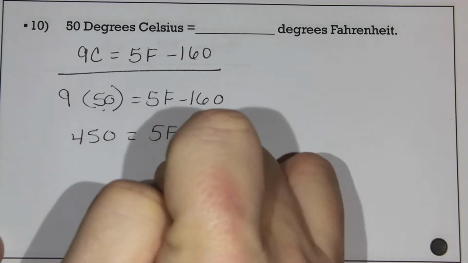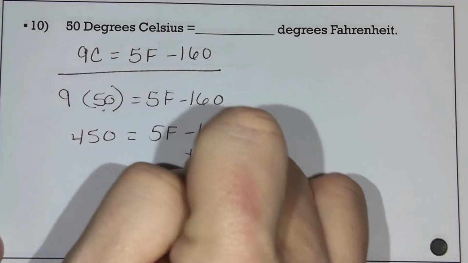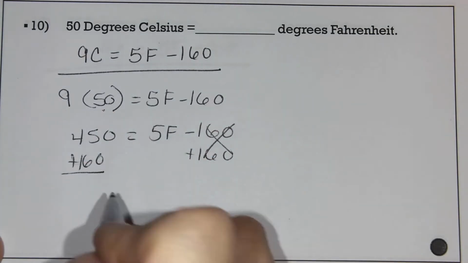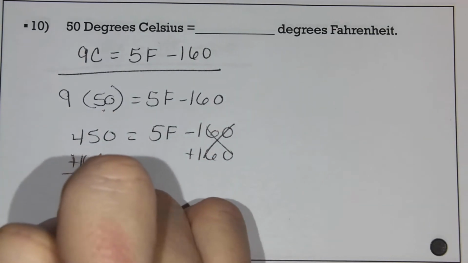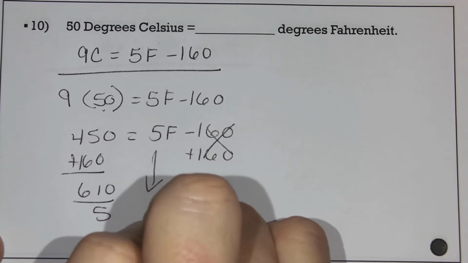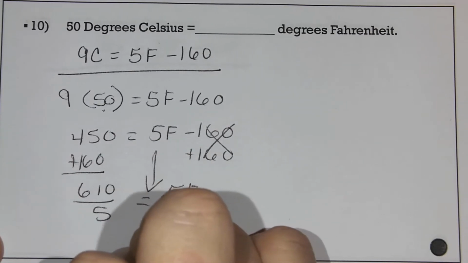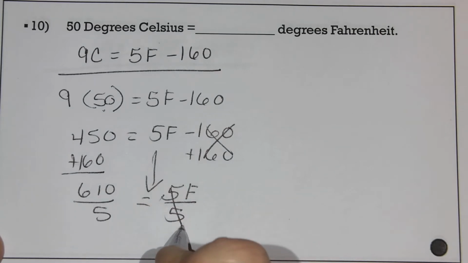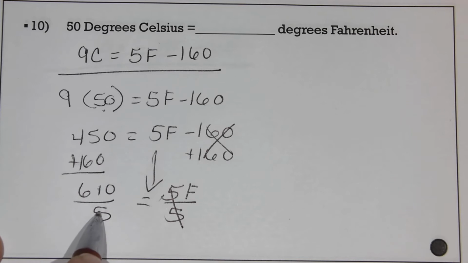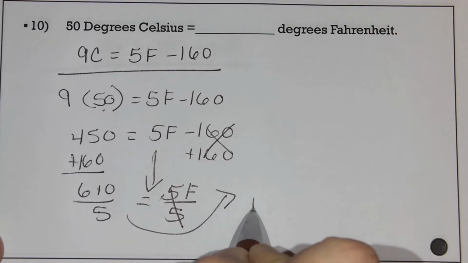So 450 plus 160, okay, is 610. Divide each side by 5. That marks the 2 5s out. 610 divided by 5 should be 122.